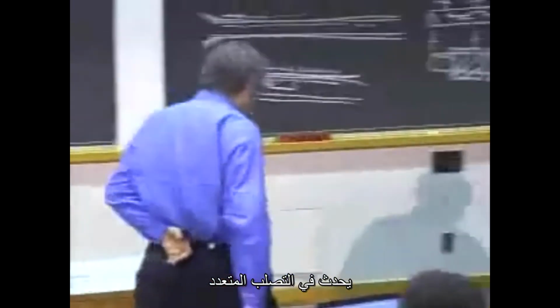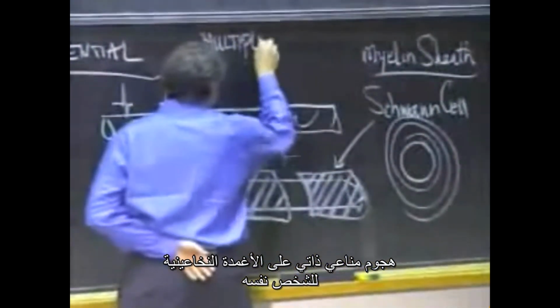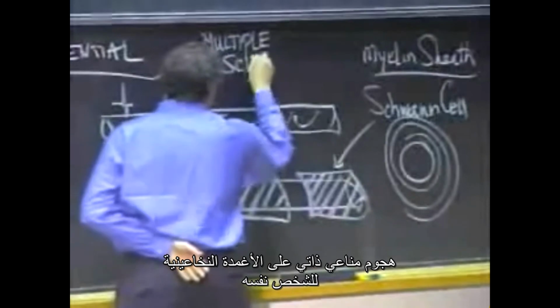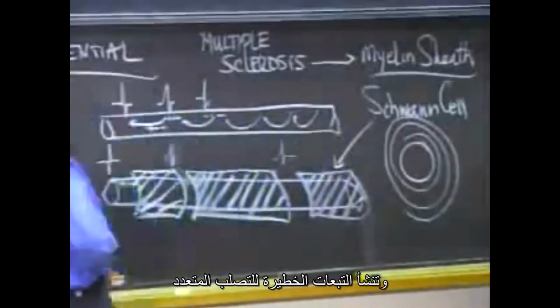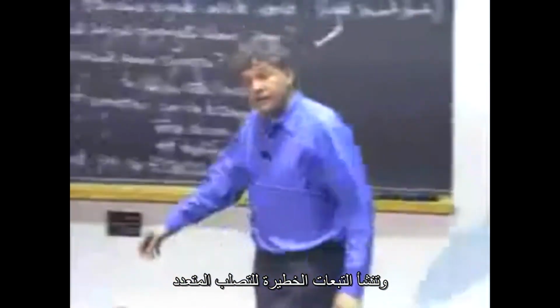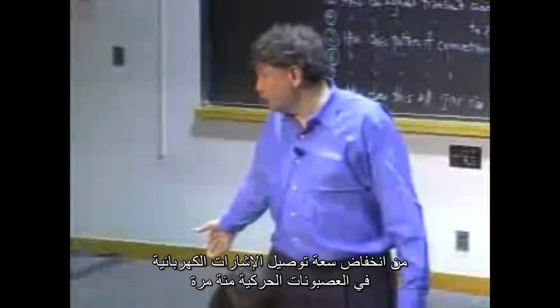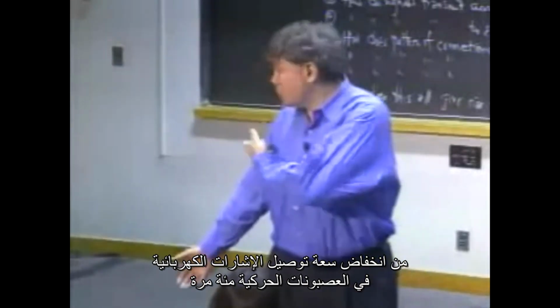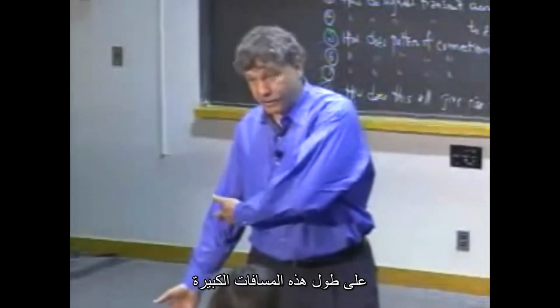Multiple sclerosis involves an autoimmune attack on your very own myelin sheaths. And the very serious effects that multiple sclerosis can have on an individual come from the greatly diminished, 100-fold diminished conduction velocity of electrical signals down motor neurons along these large distances.